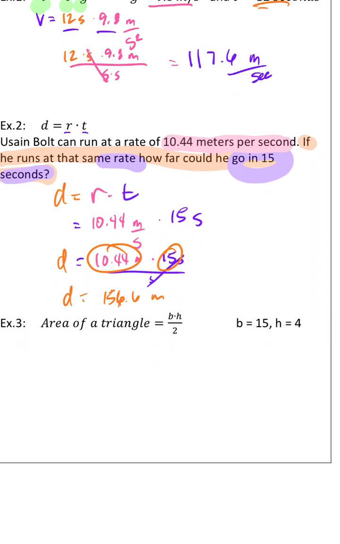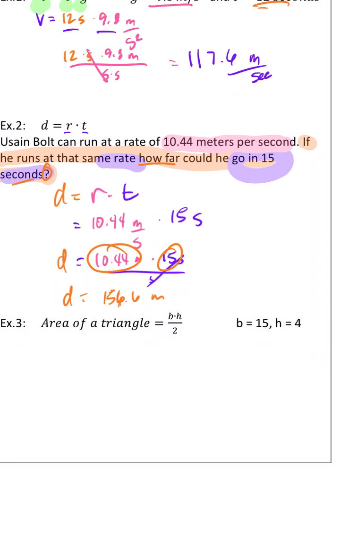So if we're answering that question, when we get to story problems, if it asks you a question in sentence form, which is what this is, you have to answer in sentence form. But really, you're just going to copy down the question. Because it says, if he runs at the same rate, how far will he go in 15 seconds? You're going to just put the how far, you're going to plug in 156.6.